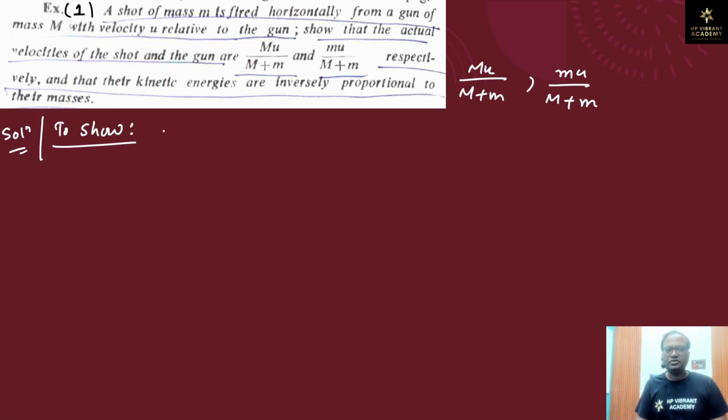What we have to show? First, we have to show that the actual velocity of the shot, let us consider it as small v, is capital Mu upon M plus m. And let us consider the actual velocity of the gun with which it recoils as capital V, which is equal to small mu upon capital M plus small m.